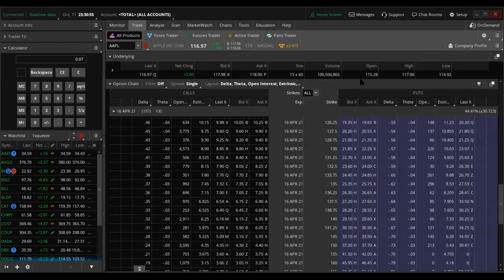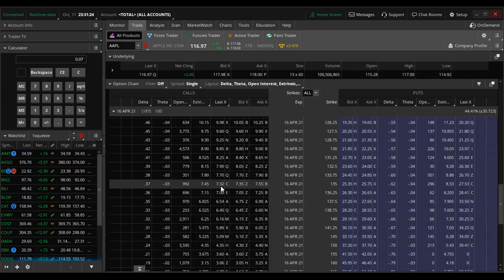Well, the reason for that is because I believe that the price of the stock will be above 135 before April the 21st. And if the price of the stock is at or above 135, the contract that I bought for $725 will be significantly more than that.